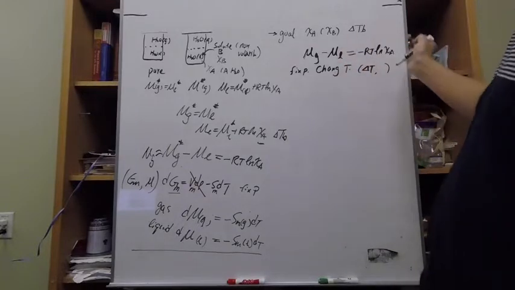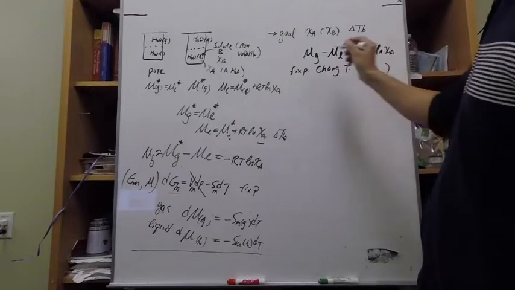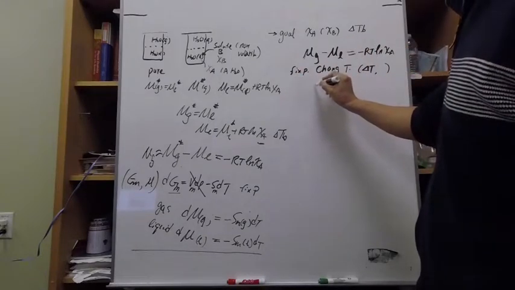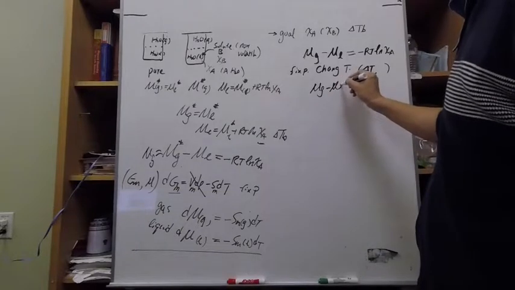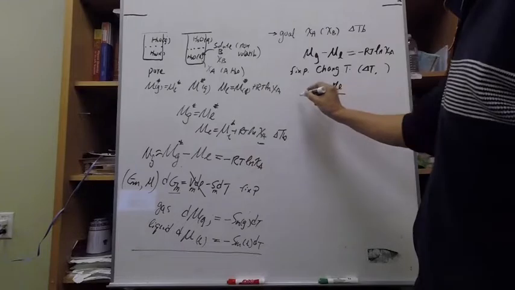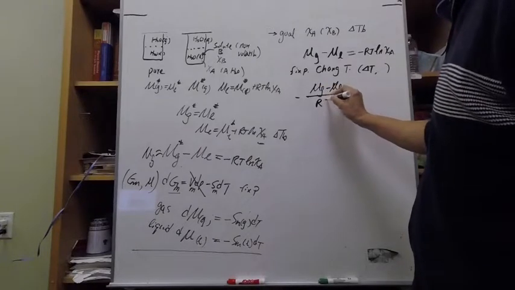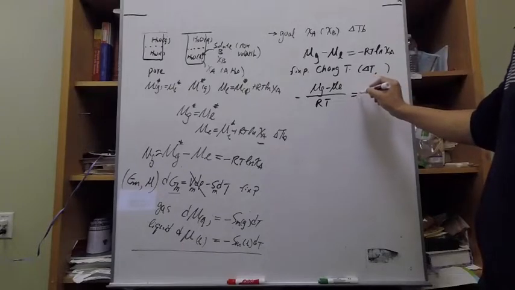So to make this much easier to look at, you can just move the RT to the left side. This is just a mathematical maneuver. So now you would have this situation.